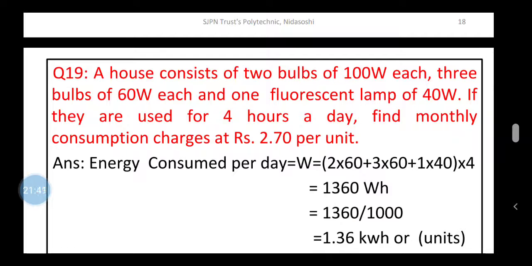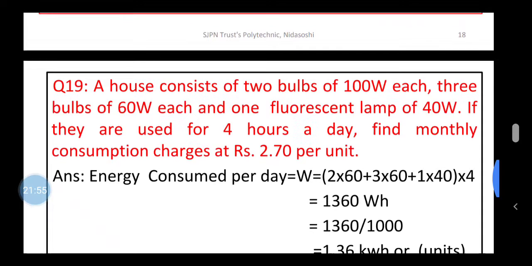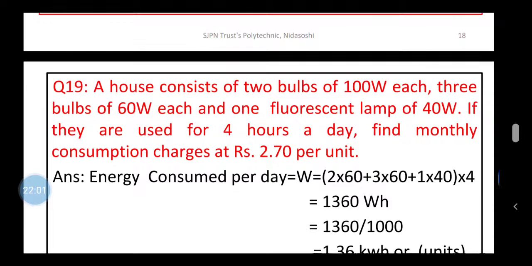Now you see, all the electrical appliances connected in a house are made to glow only for a common 4 hours in a day. Two bulbs of 100 watt each, 3 bulbs of 60 watt each, and 1 fluorescent lamp of 40 watt.